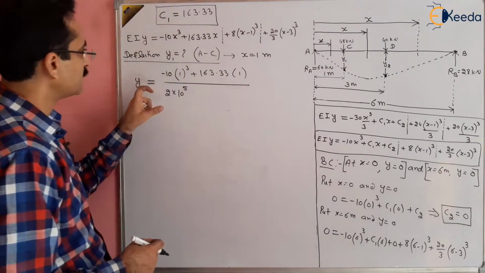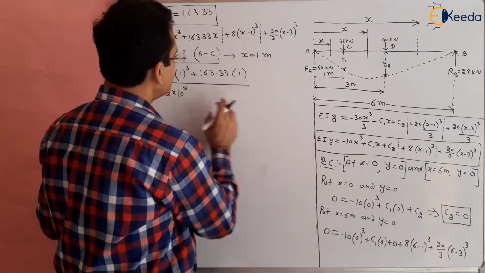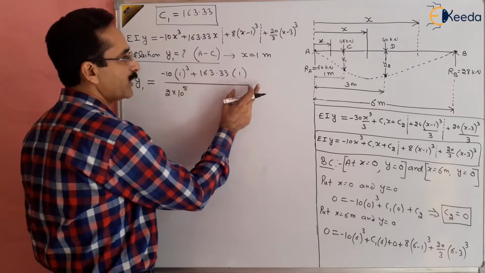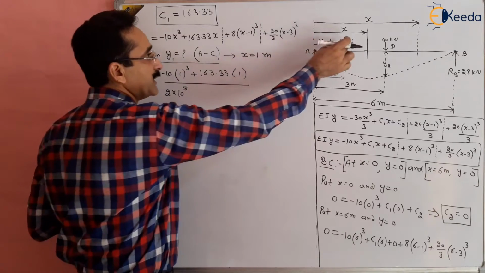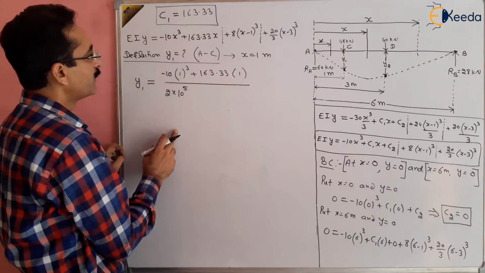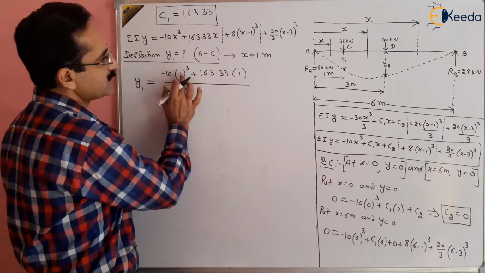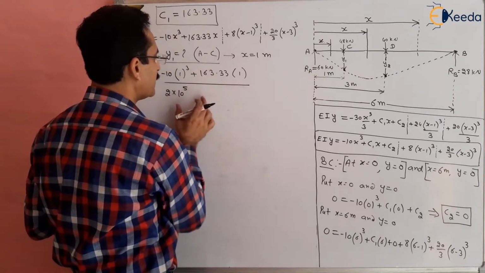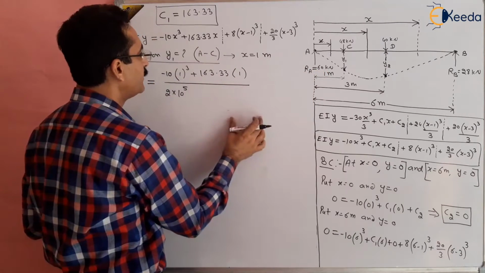So we can multiply it by 1000 to replace the kilo, and this is in meter, so this can also be multiplied by 1000 so that it becomes millimeter, right?